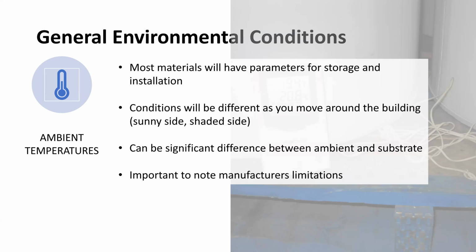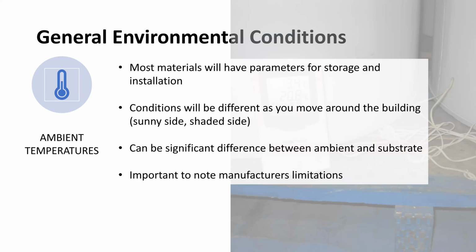So you might have a sunny side on one, shaded on the other. Well, you can have a fairly significant ambient temperature difference and substrate temperature difference depending on where the sun is, right? So there could be times where you show up on a job site and it's on the shaded side and it's like, hey, we can't install material because we're below those limitations. But you know what? We can go around the building and it's okay to install here.